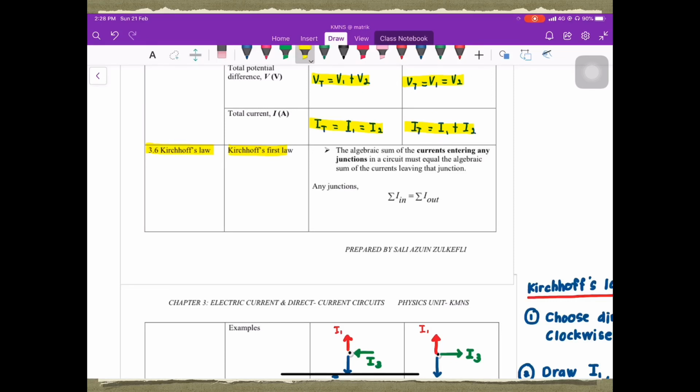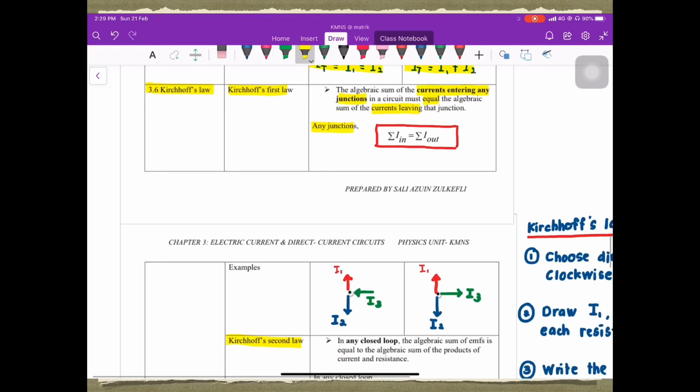The sum of current entering any junction in a circuit must equal the algebraic sum of the currents leaving that junction. So we can use the sum of current in equal to the sum of current out. Make sure at any junction.